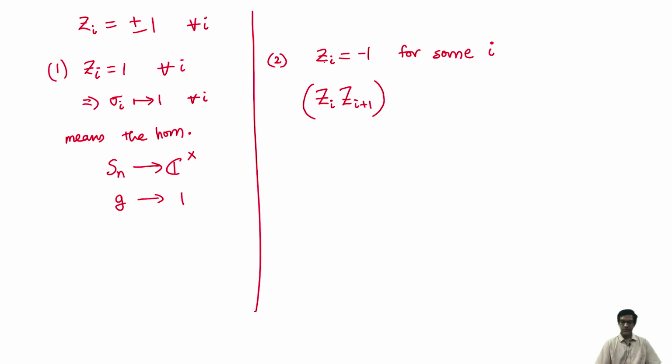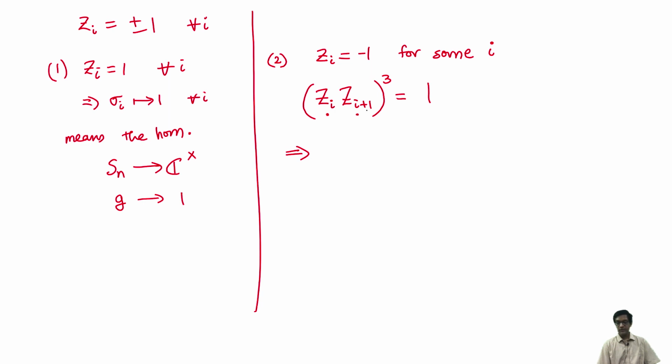If i is not n minus 1, then I will have something next to it, the next guy. So observe Zi Zi plus 1 cubed is supposed to be 1. What does this mean? If Zi is minus 1 and the product cubed is 1, then the only way out, and Zi plus 1 is also plus or minus 1, is that there is only one choice.